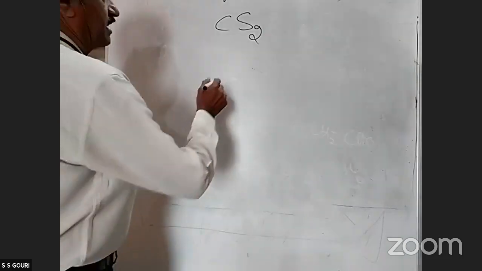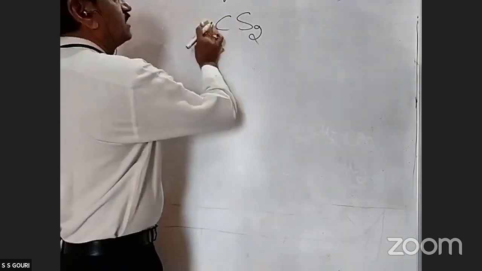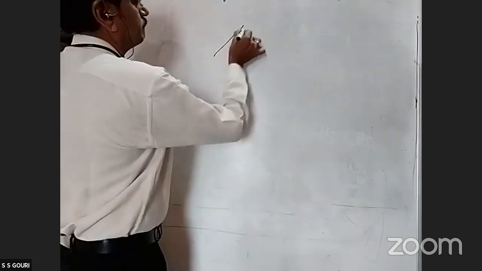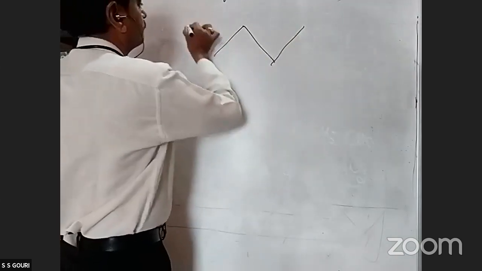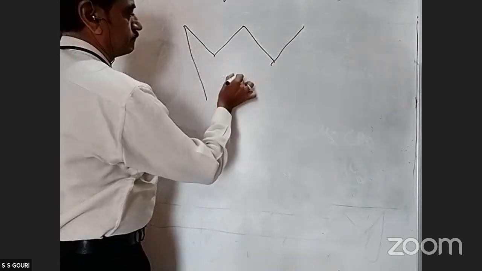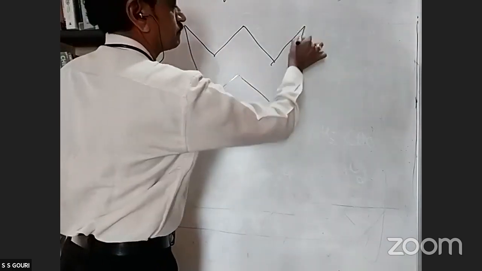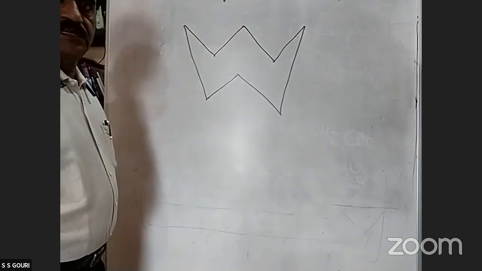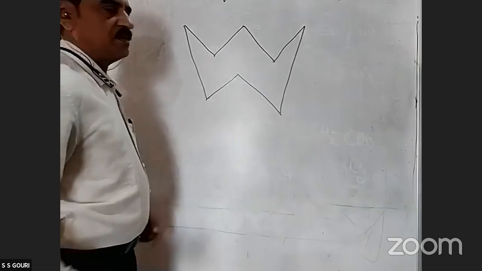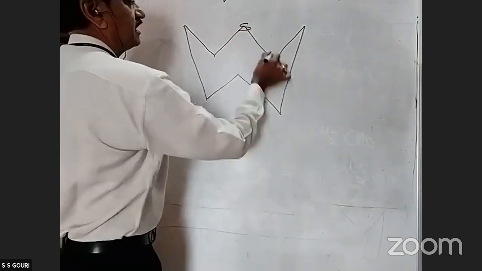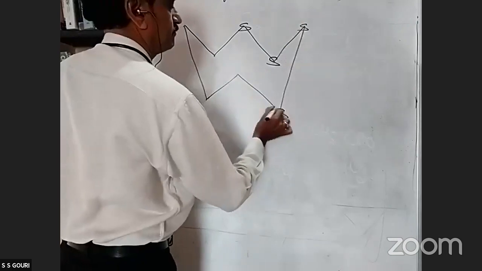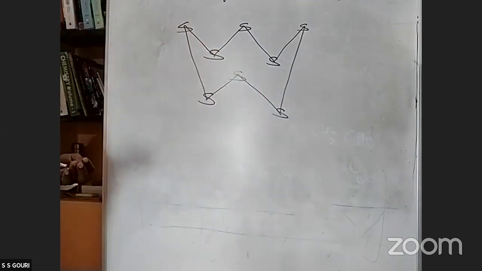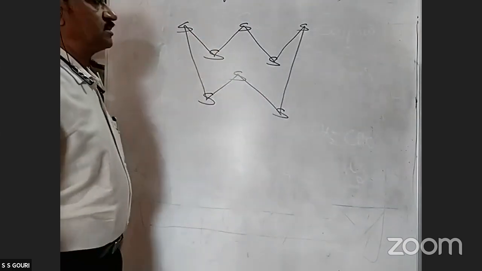Look at what its structure is like; I will draw it, and you may get an idea of what type of structure it is. It has a structure like this. Every corner is sulfur. How many sulfur atoms are there? 8.